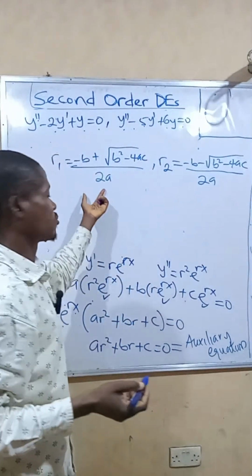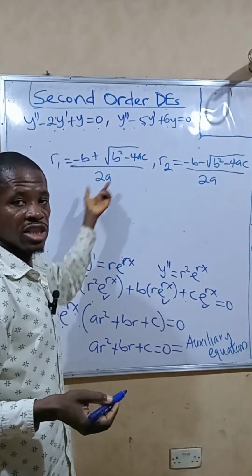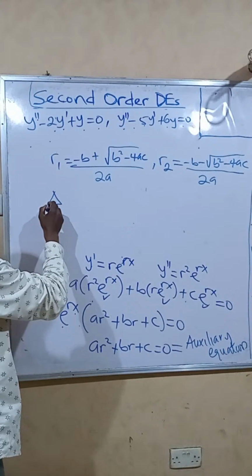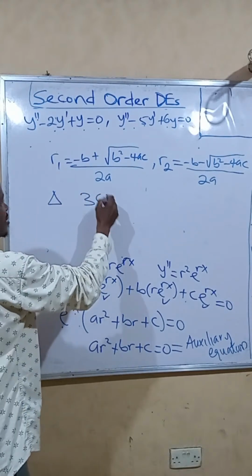Then we're going to make a conclusion on the nature of these roots, and we're going to use the discriminant to make 3 cases.